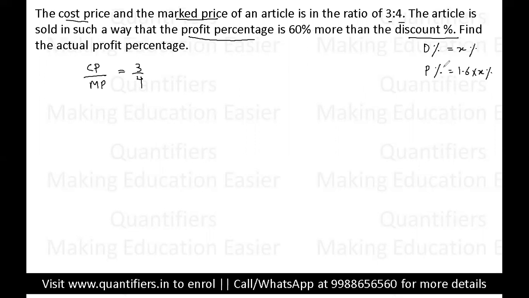Now if I divide profit percentage and discount percentage, I hope all of you can figure out what we are going to get. You can see we'll get 1.6 divided by 1, or I can also say that it will be equal to 8/5.